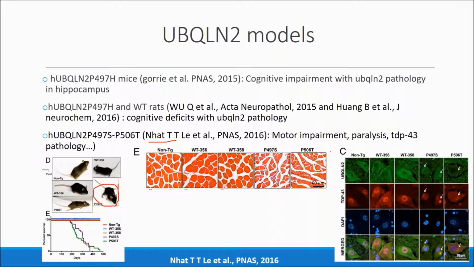It's having muscular atrophy and also TDP-43 pathology. One of the bad points of this mouse is that there is a high variability between the mice. Only like 10 to 20% of the mice get paralyzed and die of the disease. So it's not a perfect model, but I really like this model either.